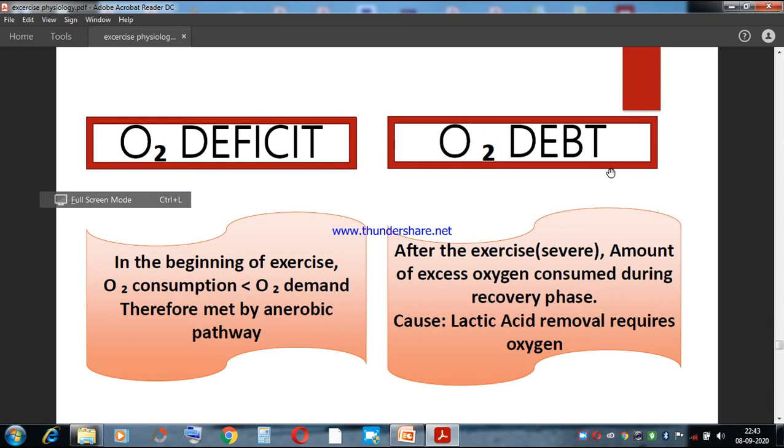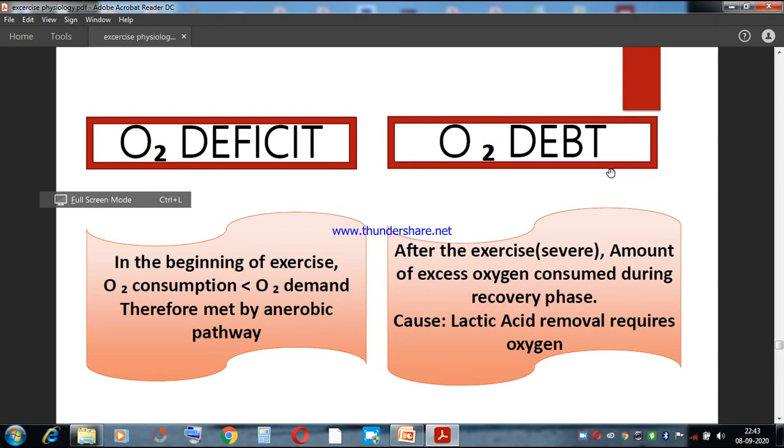Now, this debt or this currency will be utilized after the exercises, when these currencies in the form of lactic acid and NADPH will cause the deficit of oxygen to be fulfilled.